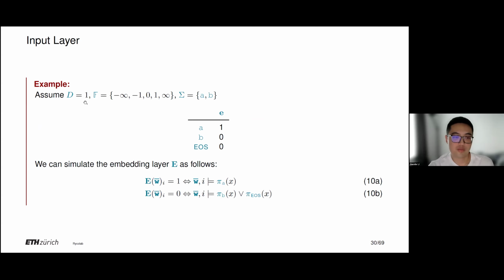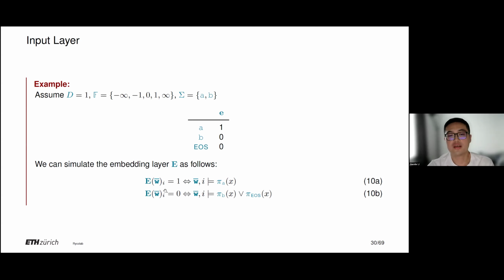Again, we consider a very simple case here. We assume that d equals 1, and the set is the small set we mentioned. The alphabet has only two letters, A and B, and the embedding function converts A to 1 and B to 0, as well as EOS. So we can simulate this embedding layer as follows.